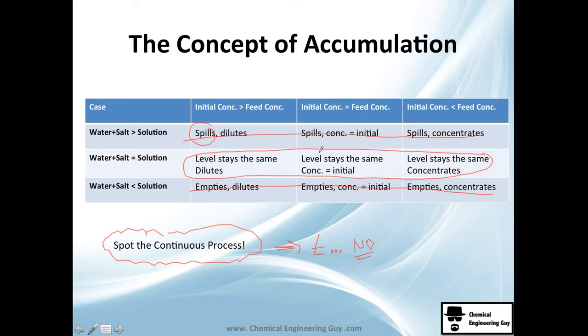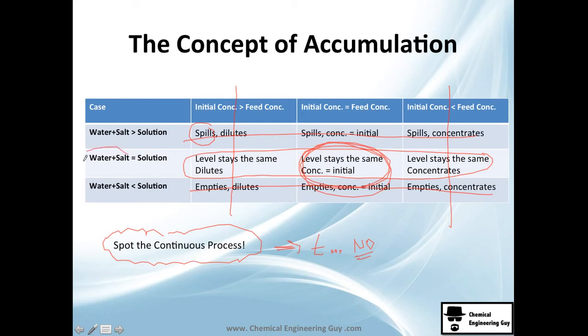Now, when the system dilutes, it means that we are changing the concentration in time, so we don't need this column, and here also not. So we just dropped everything that changes, and the only process which is continuous is when the level stays the same.